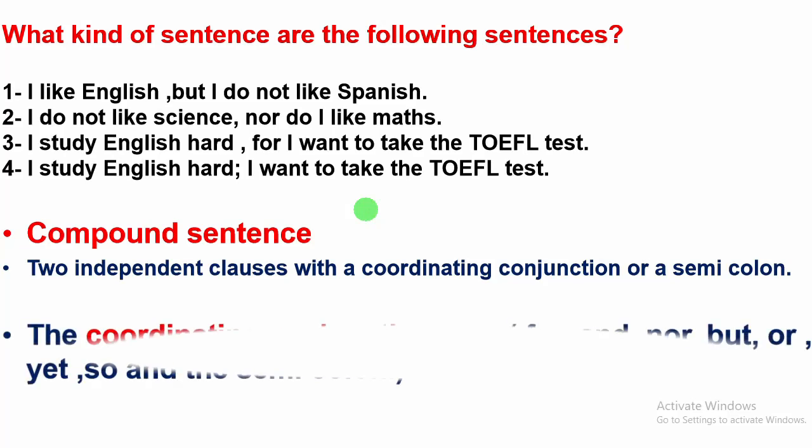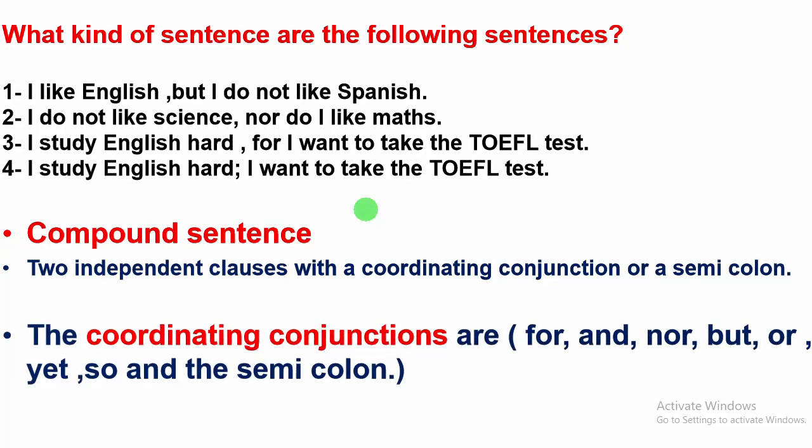So, in order to form a compound sentence, you need to link or connect the two independent clauses with one of the coordinating conjunctions. The coordinating conjunctions in English are seven conjunctions, which are for, and, nor, but, or, yet, so, and the semicolon.